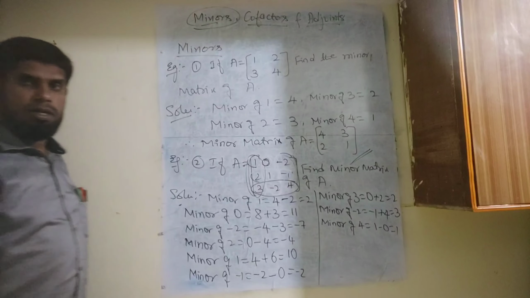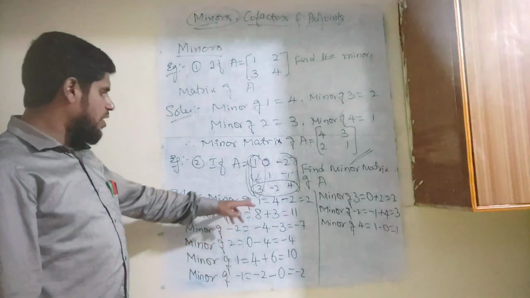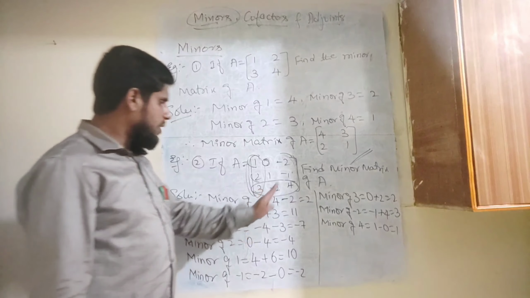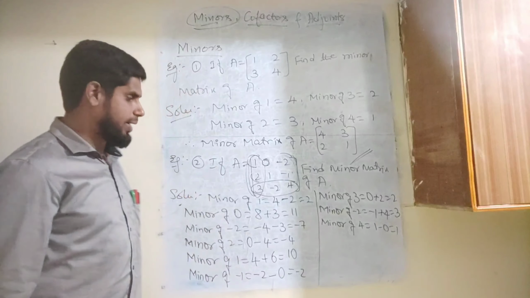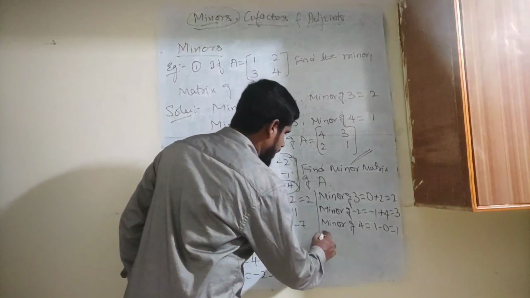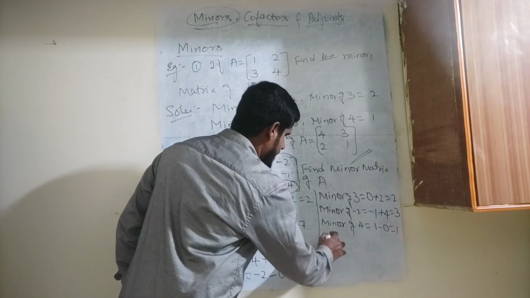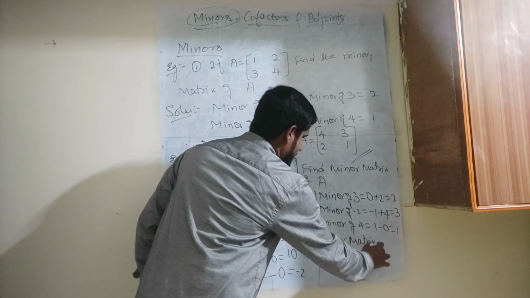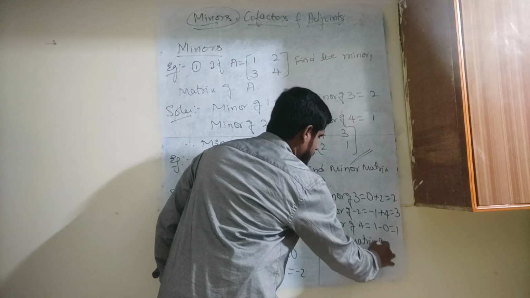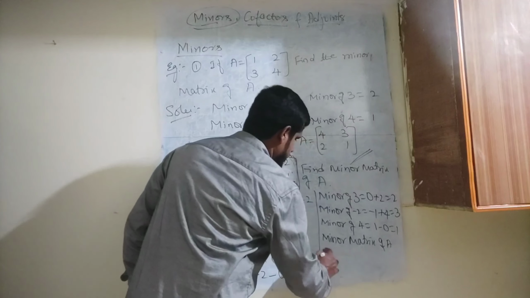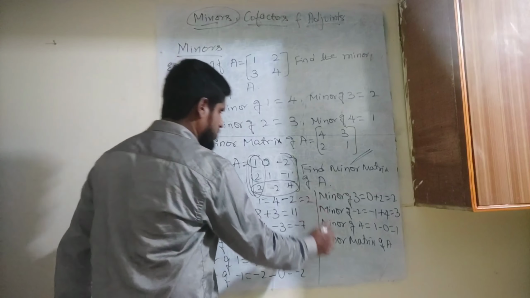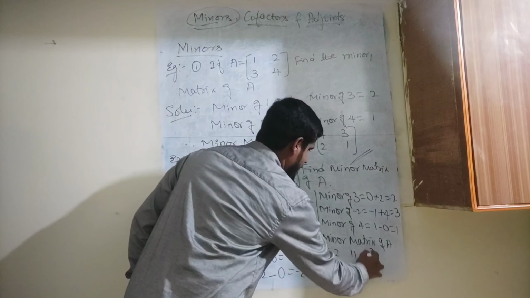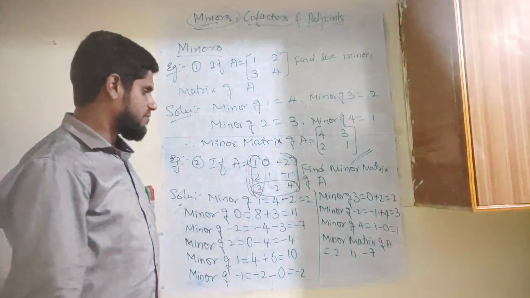So students, these are the minors of all the given 9 elements. These minors are represented in a matrix. So the minor matrix of A is equal to: first row 2, 11, −7.